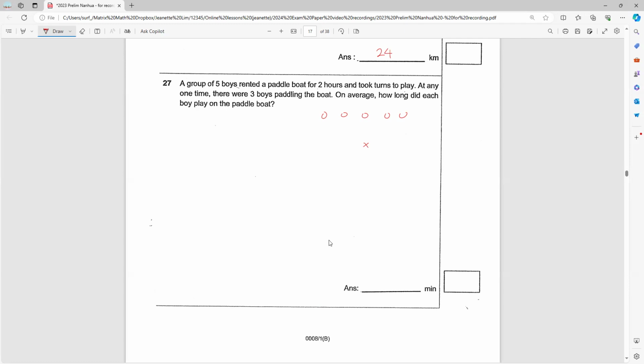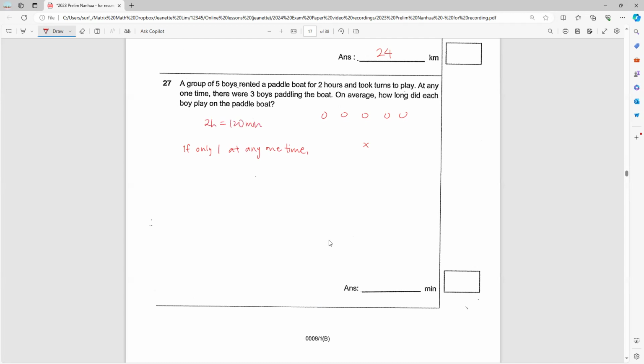Okay, so if only one at any one time, you have 5 of them, and you need to share that time of 2 hours. 2 hours is 120 minutes.